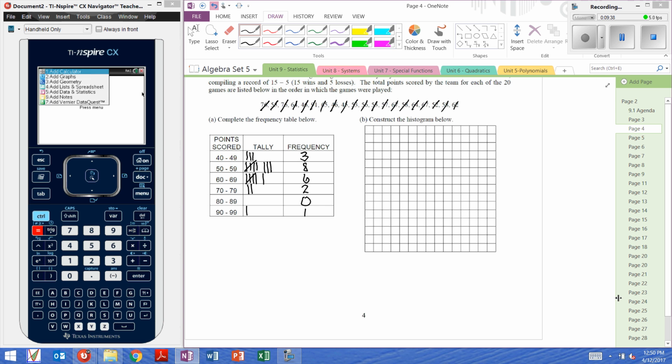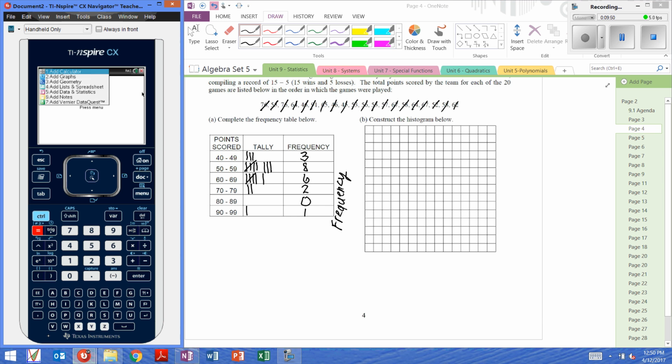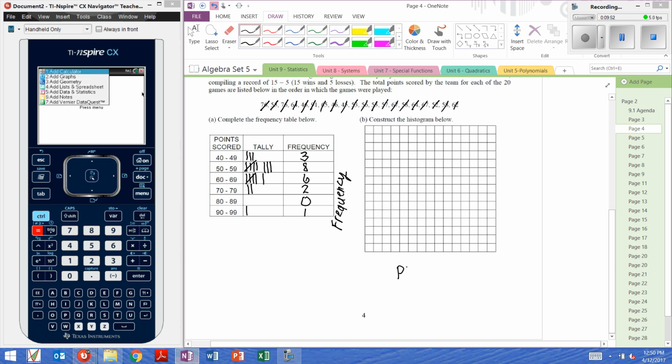So what I always typically label my y-axis is the frequency, and then down below here, this would be the points. Actually, I think I need to give myself a little bit more space to write in those intervals. So points scored.